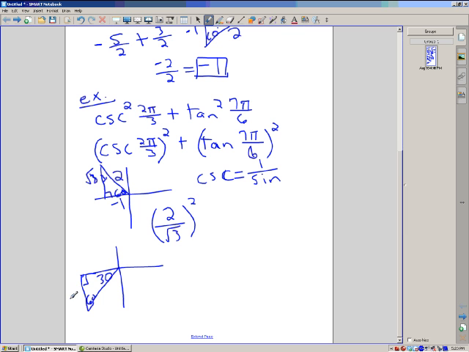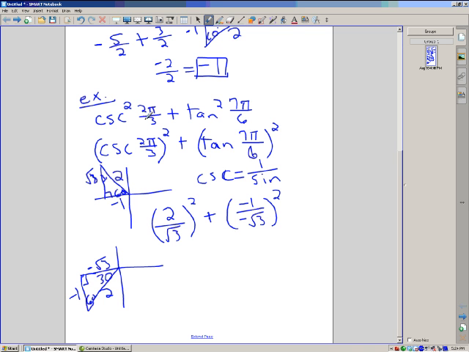Across from the 30, we're going to put a negative 1. Across from the 60, we're going to put a negative square root of 3. And on the hypotenuse, we're going to put a 2. So the tangent is opposite over adjacent, which is negative 1 over negative square root of 3. And then we're going to take that and square it.